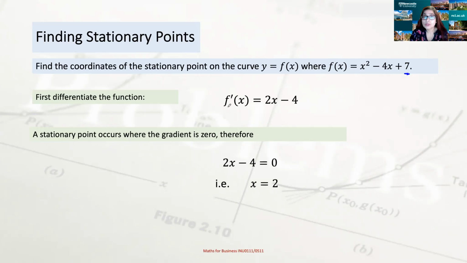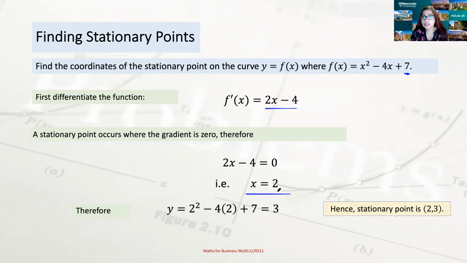So to find the stationary point, you equate it to 0. 2x minus 4 is equal to 0 and x is equal to 2. Now you know the value of x, you can find the value of y by substituting it in the function. So the stationary point is 2 comma 3. This is where the curve turns.